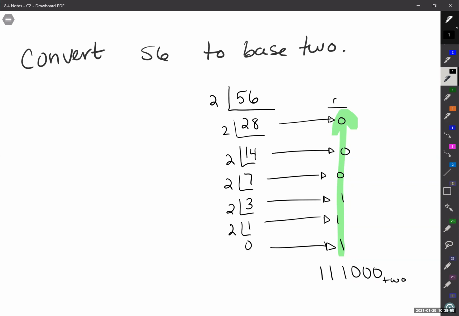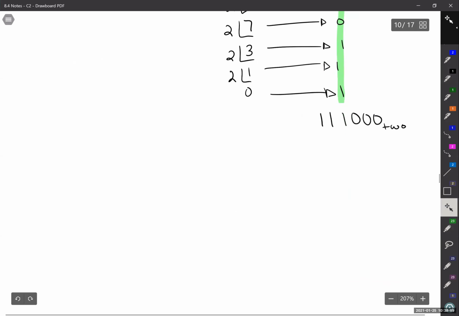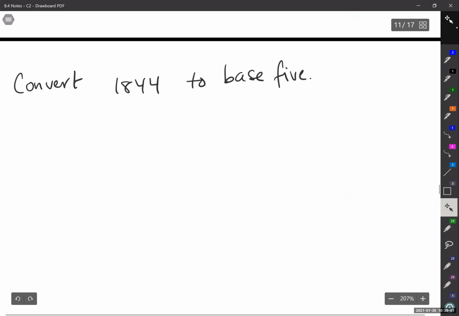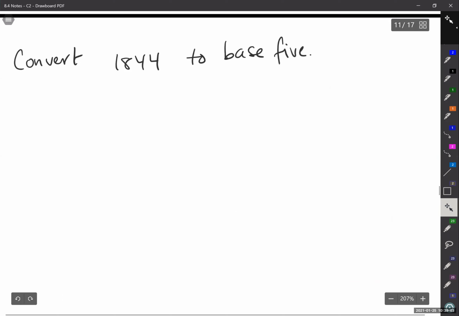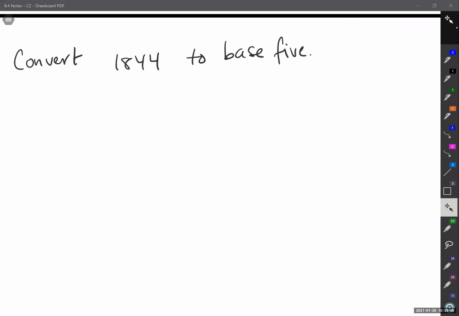Let's look at our final one. In our final review, we have 1844 to base 5. Let's take 2 minutes on our own and then we'll discuss this together.